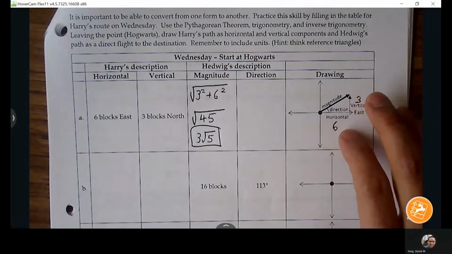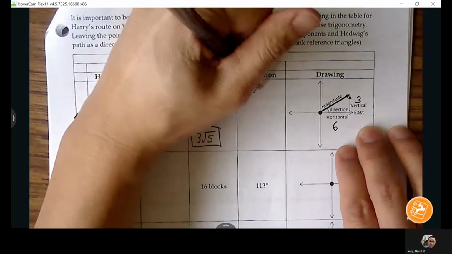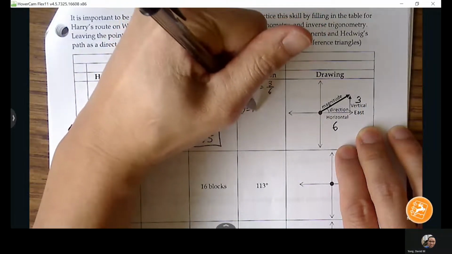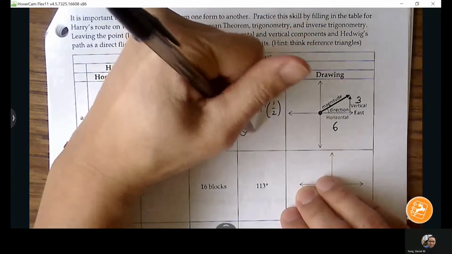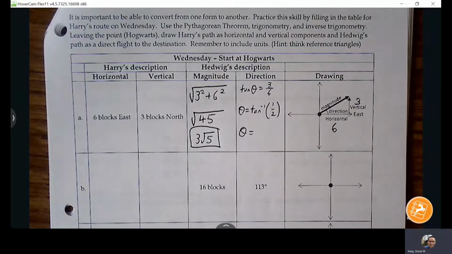Direction is use inverse tangent. This is pointing in the first quadrant, so whatever reference angle we get is going to be the same answer.